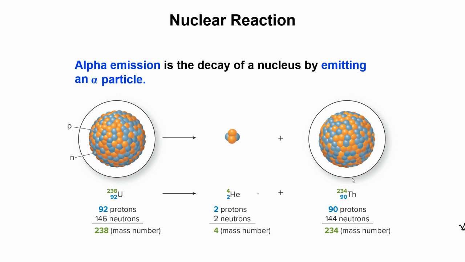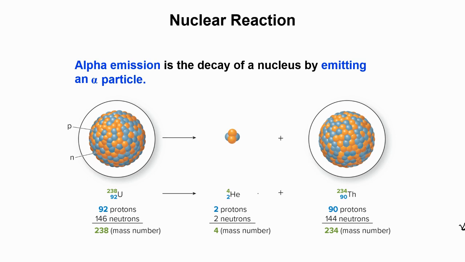So here I have 4 plus 234, that gives us 238. So the top numbers have to add up. And then the bottom number tells me I have 92 protons. So I better end up with 92 protons on the right side. Here I have 2 from the helium nucleus, 90 from the thorium nucleus. So together we have 92 protons on the right, 92 protons on the left. So this is a balanced nuclear reaction.